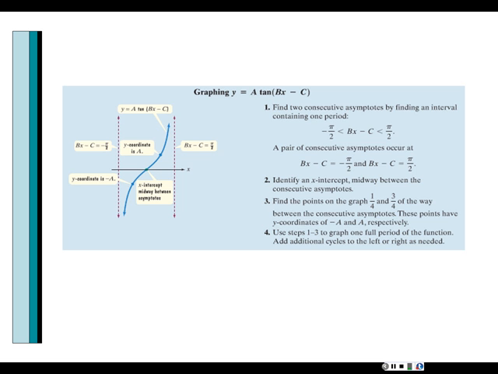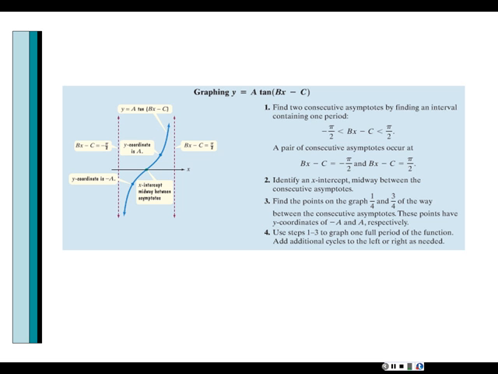For that interval, we define the two endpoints at which y becomes undefined. For this point y is undefined, and for this point y is undefined. So these are those two asymptotes. They are called asymptotes because at those two points y is undefined.